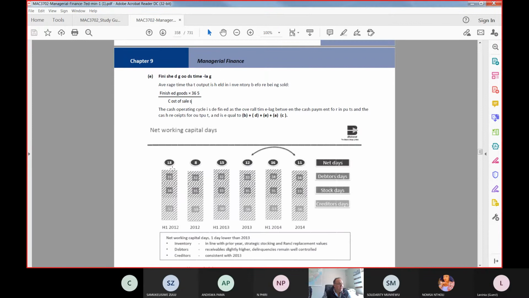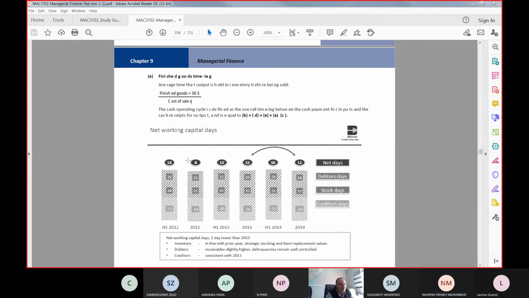So here is what they are currently doing, what time lag they have. We have the creditors. If you look in your textbook, it may be clearer. What is happening between all the cycles together? Creditor cycle, stock cycle, debtor cycle, the net effect.